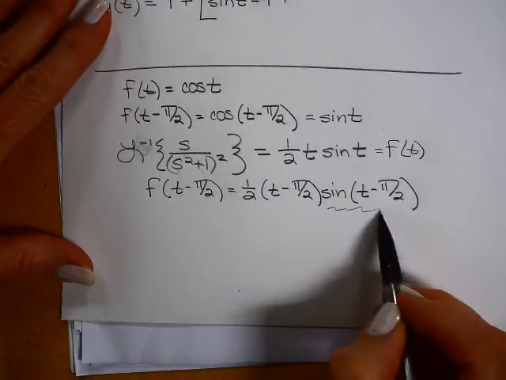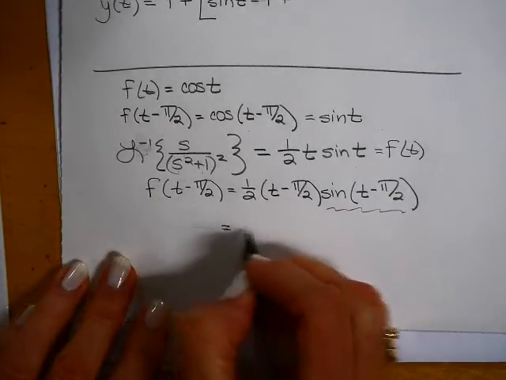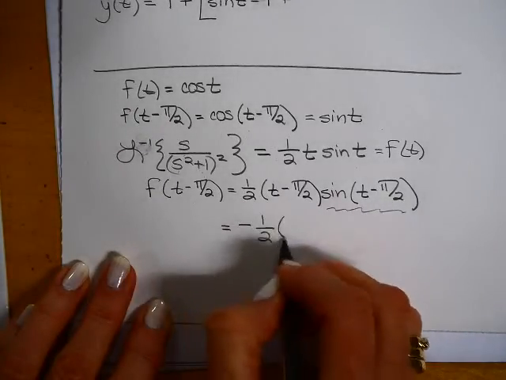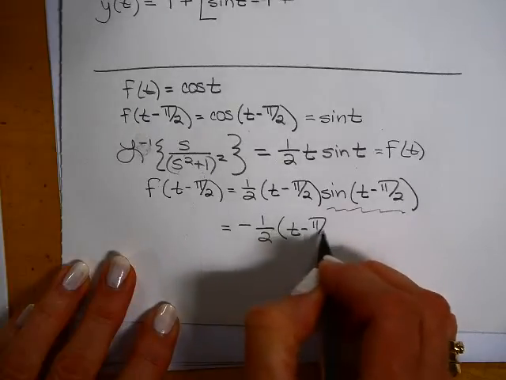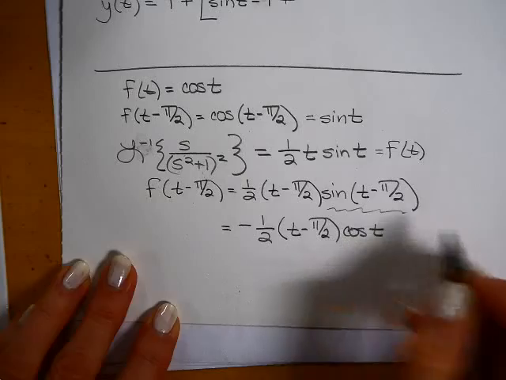And this probably right here is probably going to simplify also. Sine t minus pi over 2 simplifies to negative cosine. So this is negative 1/2 t minus pi over 2 times the cosine of t.